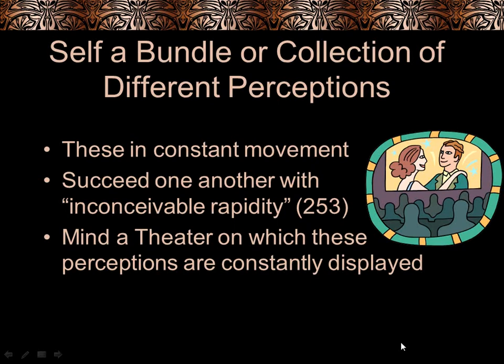Now, Immanuel Kant said, without a continuing self, we wouldn't have any experience at all, because all of our experiences are the experiences of a self. We don't have a perception of that self, and yet everything relates to that self.